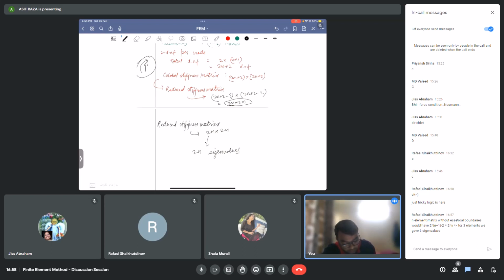So 2n eigenvalues, that implies 2n eigenfrequencies if I'm solving the frequency problem.